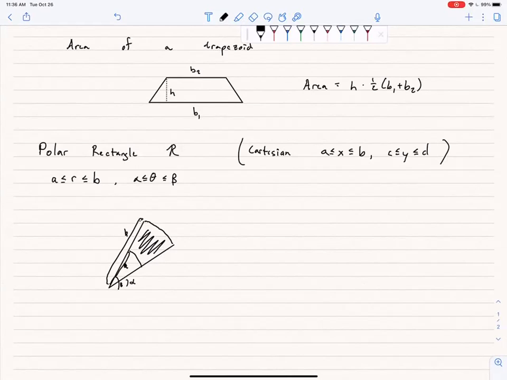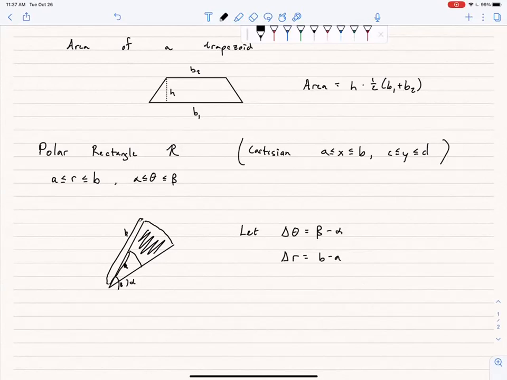Instead of using alpha and beta, since these are going to be my global bounds, let me let delta theta be equal to beta minus alpha for this global one, and let delta r equal b minus a, just for this case. So it's going to be the change in our r and the change in our theta.